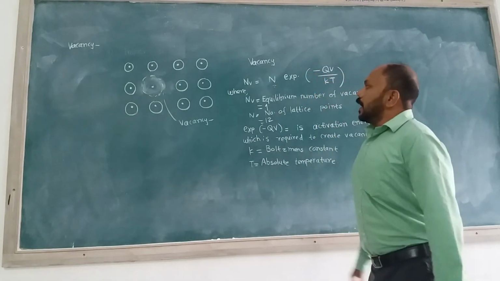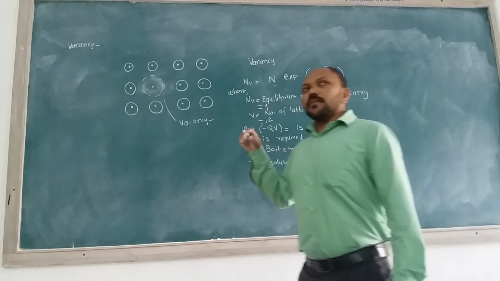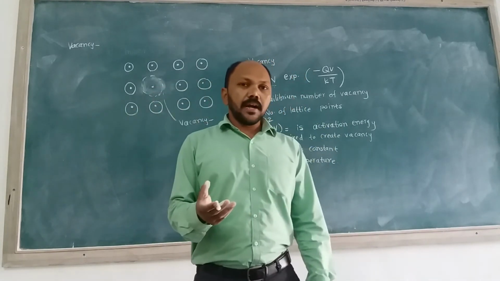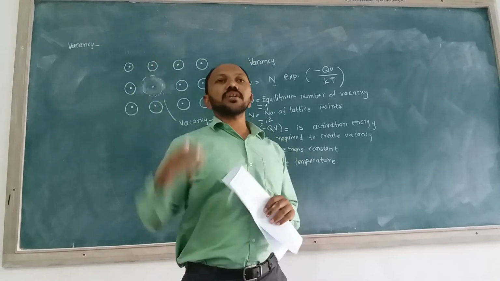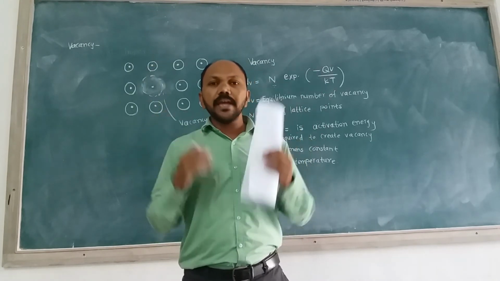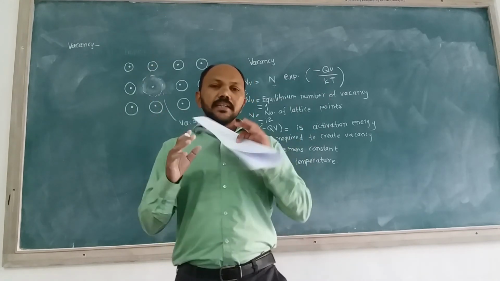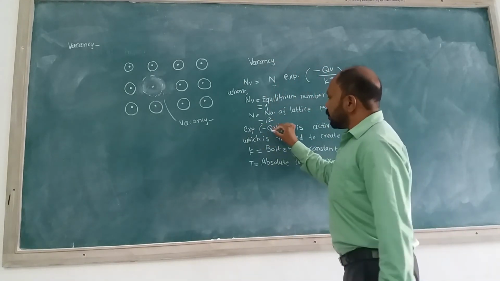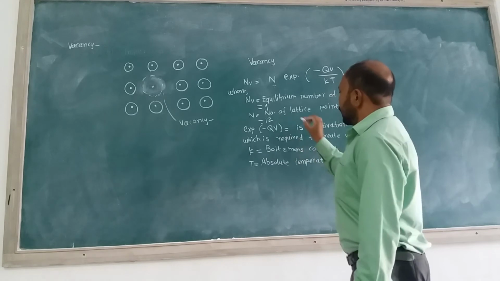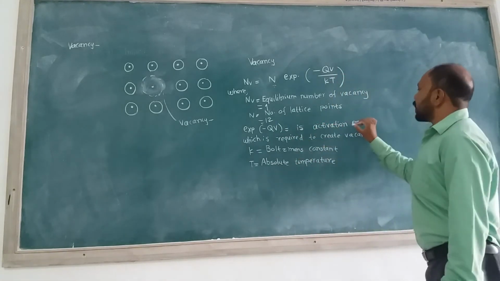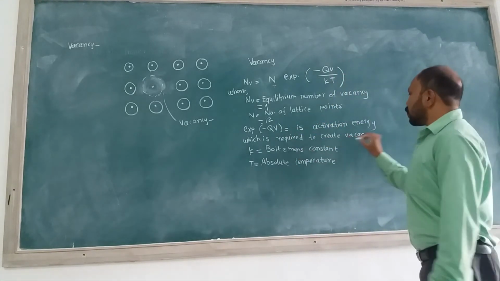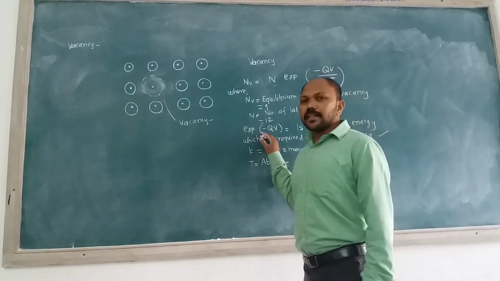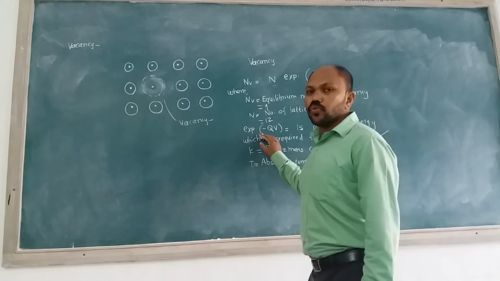We already said that this atom requires some energy, and only if we increase the temperature does it gain some energy. That energy is related to this exponential term, minus Q_V. This is the activation energy which is required to create a vacancy.